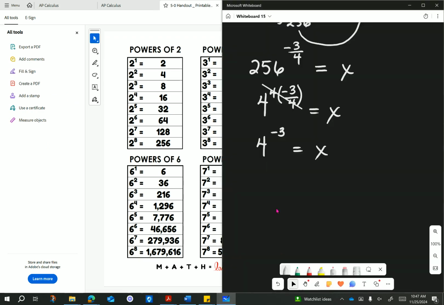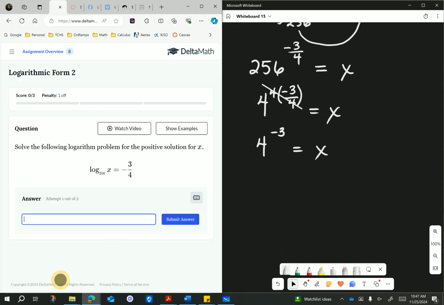Well, if we know that 4 to the 3rd power is a 64, then 4 to the -3 is just the reciprocal of 64. Why?